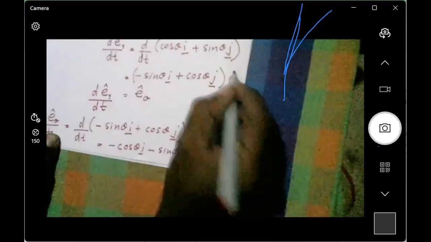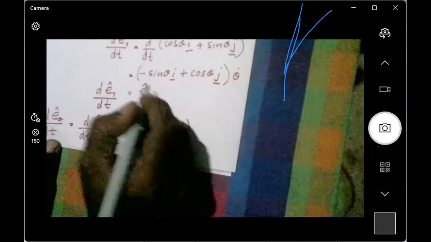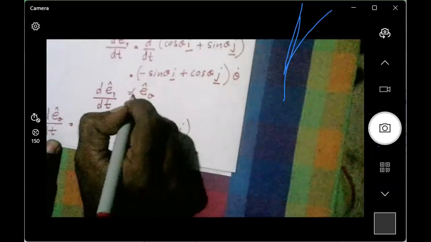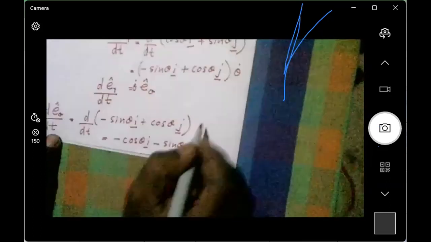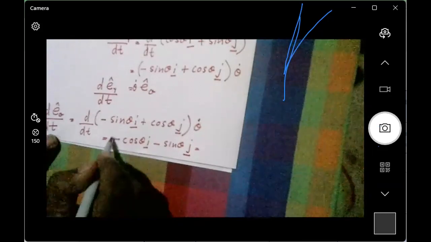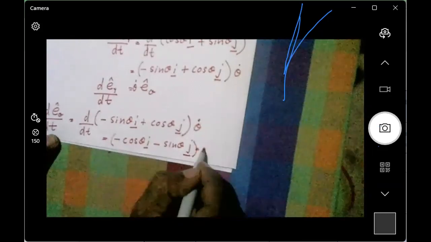Okay, you ask about this derivative of theta, right? Okay, it should be there, yes. Because we are differentiating with time, yeah, so you are correct. Theta dot, and the same thing here, it is theta dot. Good. There is a theta dot term.